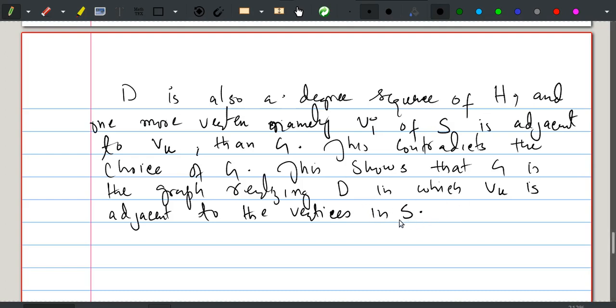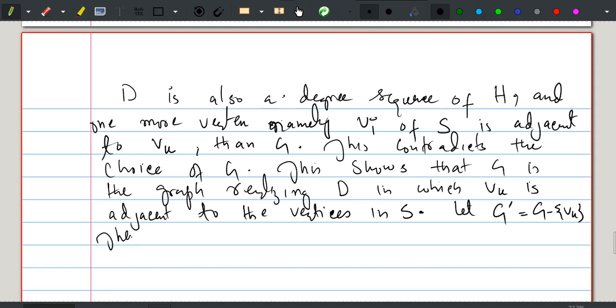Now let us look over this graph. Let G prime be equal to G minus Vk. Now we are looking over this graph.